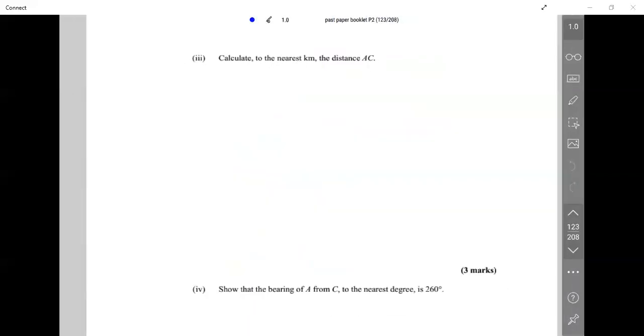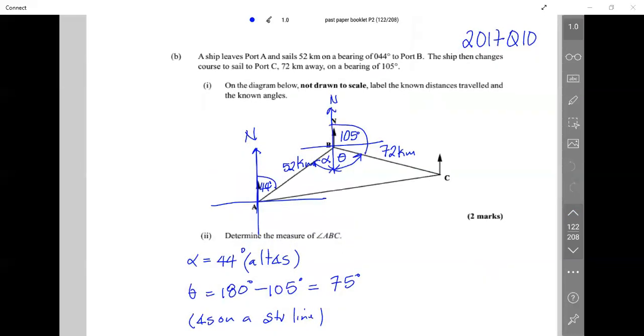They're asking us to determine to the nearest kilometer the distance AC. So this is what I want us to find, AC. Let's call it X. First of all, ABC is a non-right angle triangle. I know the length of two sides, 52 kilometers and 72 kilometers.